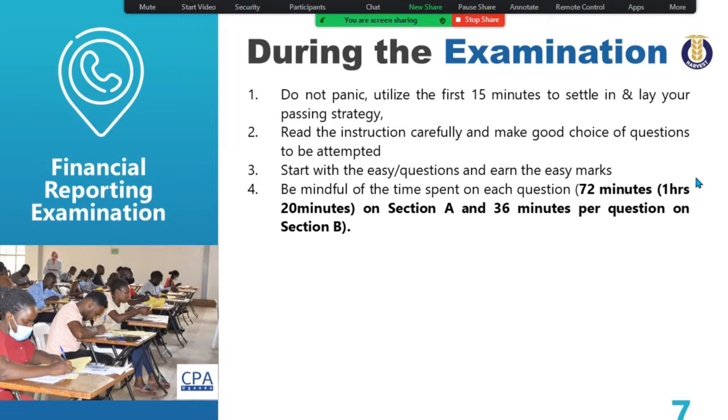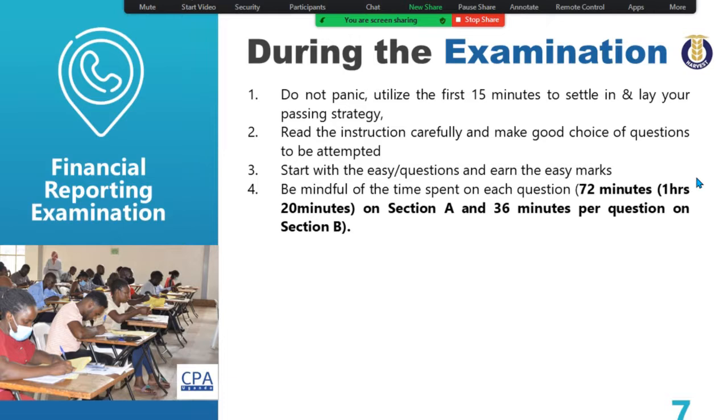So, for purposes of the exam, 72 minutes must be spent on section A, that compulsory number. Take 1 hour 20 minutes on section A. Then 36 minutes per question on section B. If you go beyond 72 minutes, 36 minutes section B, trust me, you're not going to make it in terms of time.